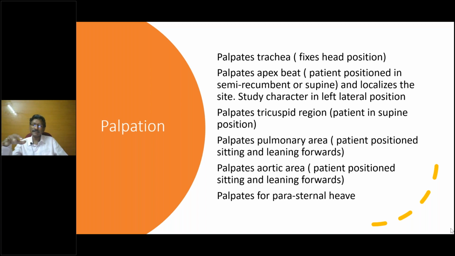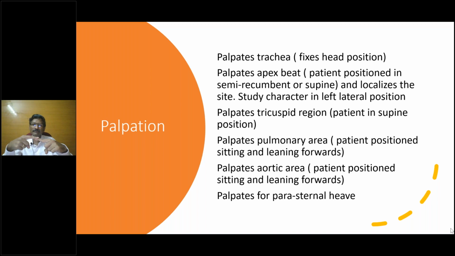Let me explain how a heaving apex will feel. You can define it as an apical impulse in which the palpating finger perceives a sustained lift. When you get an apical impulse felt here, you take a finger, keep it over that place and press it. Let's assume this is the apex.